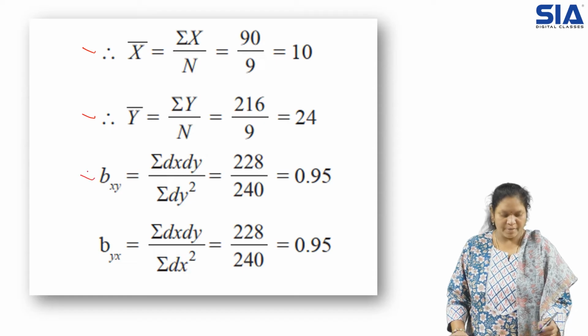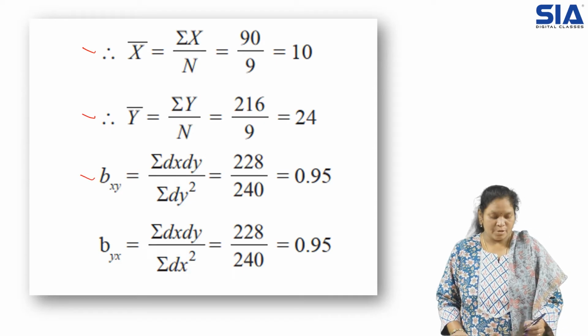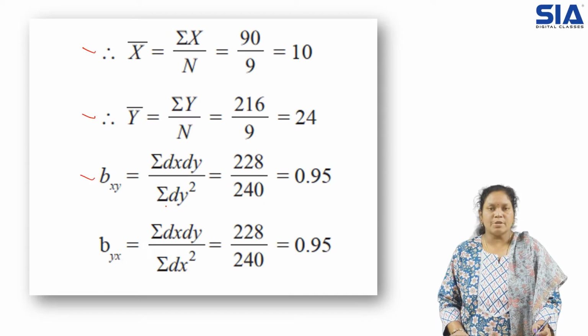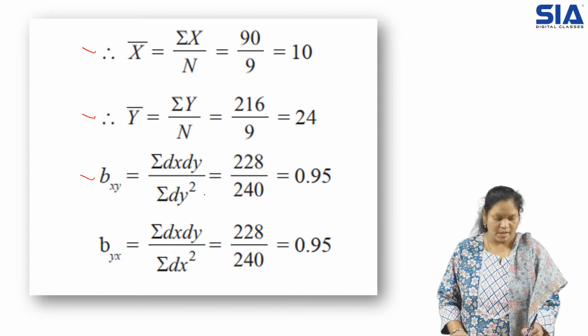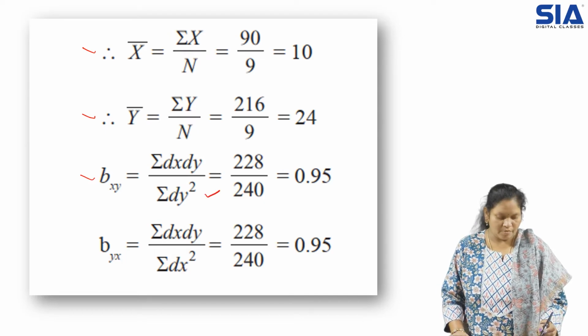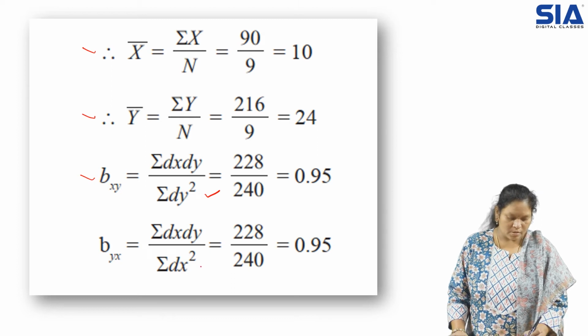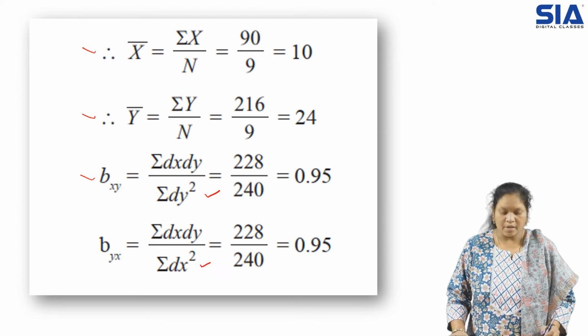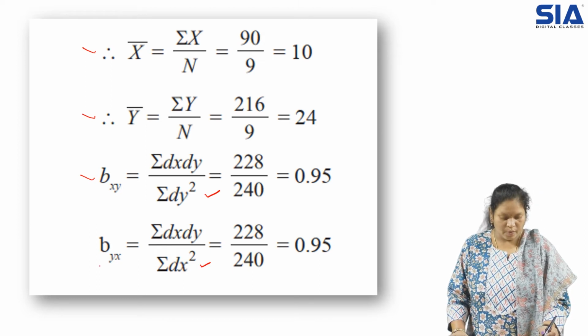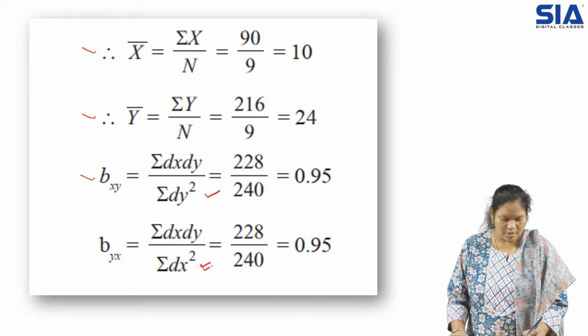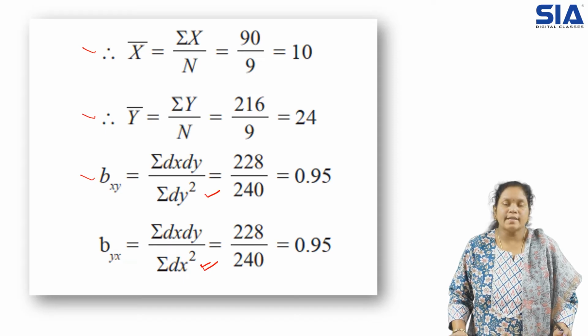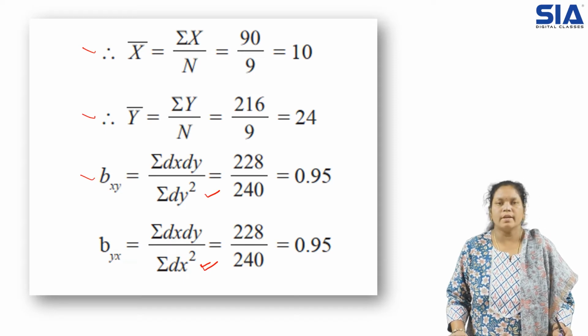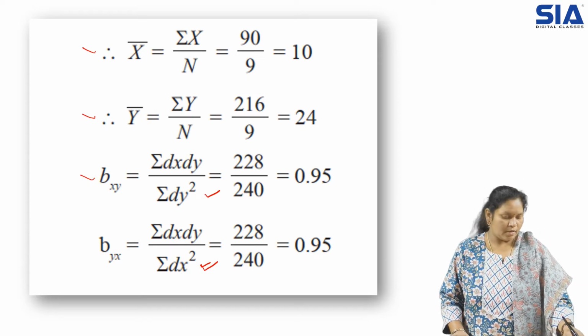In this slide, the bxy formula is summation dx dy by summation dy square. Now byx is described for y on x: byx is summation dx dy by summation dx square. These are the formulas we'll use to solve data problems.